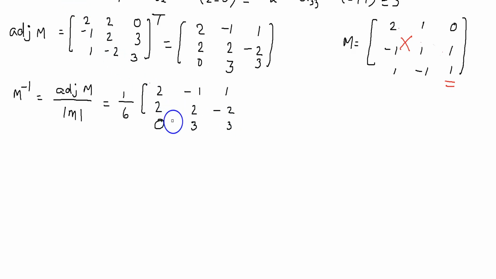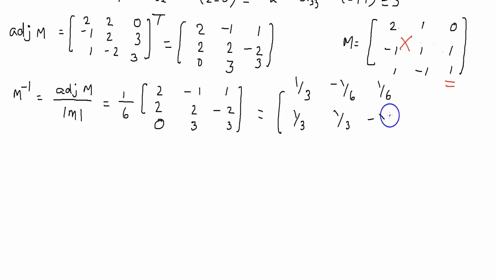Multiplying it with 1 by 6, then we get 1 by 3, minus 1 by 6, 1 by 6, 1 by 3, 1 by 3, minus 1 by 3, 0, 1 by 2, 1 by 2.